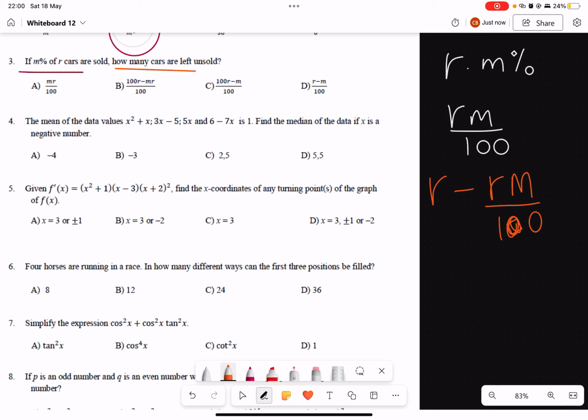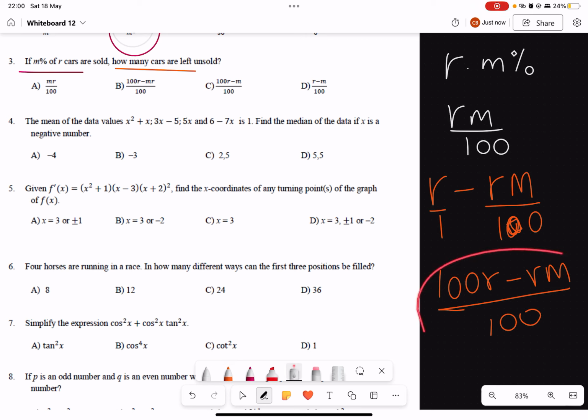So that is how much we sold. Obviously we need to do LCD here. I'm going to multiply R by 100 so that the bottom can be 100. So I have 100R minus Rm all over 100. And that is the amount of cars which are remaining.